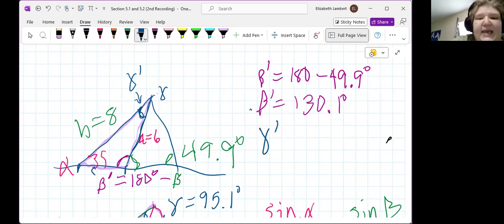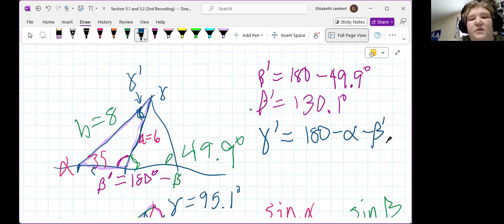Now to find gamma prime, this isn't 180 minus gamma. Like if you look, first gamma was kind of big, this one is going to be smaller. But we get this gamma prime from alpha and beta prime. So gamma prime is 180 minus alpha and minus beta prime.